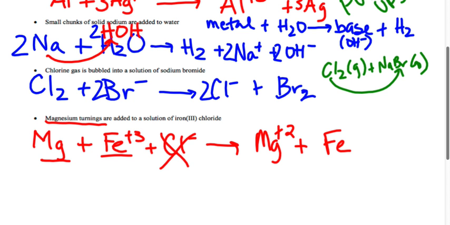Now, I can balance this with half reactions a long way. I can take magnesium and magnesium +2, bring it down, add 2 electrons. Then I can bring those down, add 3 electrons. There's a quick way to do it if you want to. If you want to do the other way, you can. But what I like to see is, okay, I have a change of 2 electrons here and a change of 3 electrons here. So what's a common factor between 2 and 3? 6. So knowing I need a 6, if I put a 2 in front of here, that's a 6. That makes me need 2 irons.